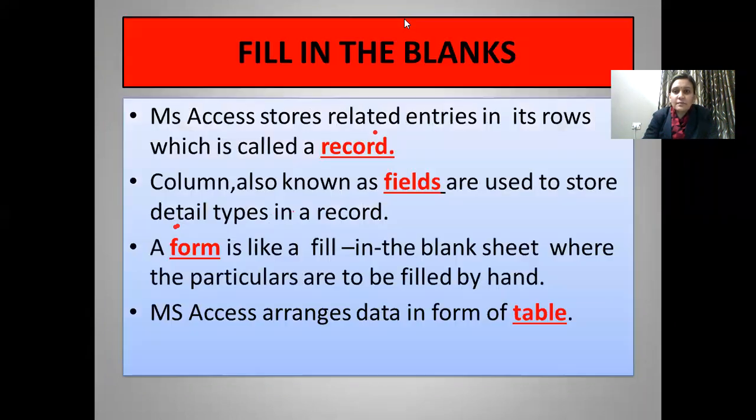Just a second. Moving to the previous slide. Just a second, my dear students. Right, so let us discuss fill in the blanks first.